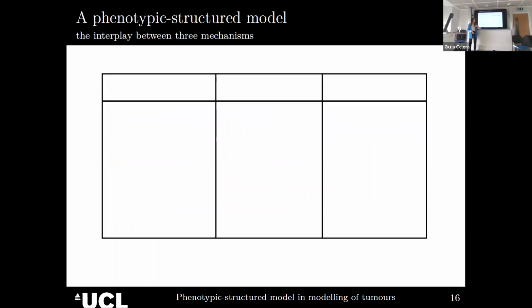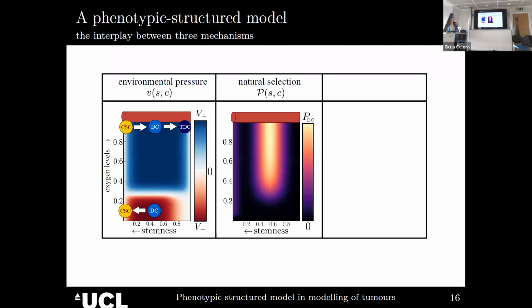So now we have introduced much more complexity in the model. Before we had just 2 mechanisms competing, and we have them again also in the spatial setting. So we have environmental pressure, which now basically interpolates between the 2 behaviors we've seen before.